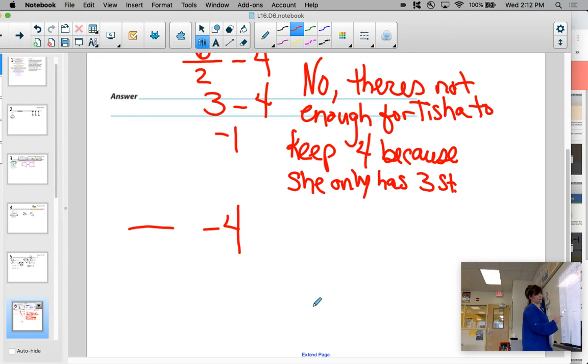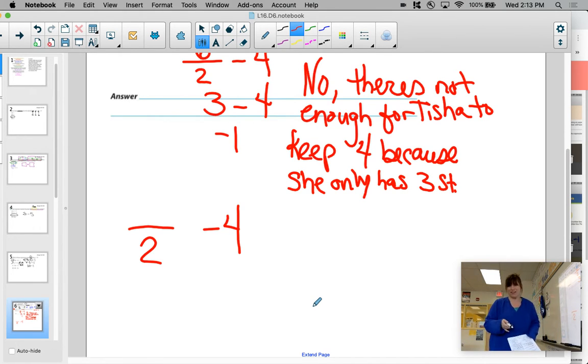What would be the bare minimum of strawberries for this to be something that she could do? If you're splitting it in half, you want to at least have 5 strawberries after you're splitting it in half, right? Because then 5 minus 4, you could at least give Suvi 1.